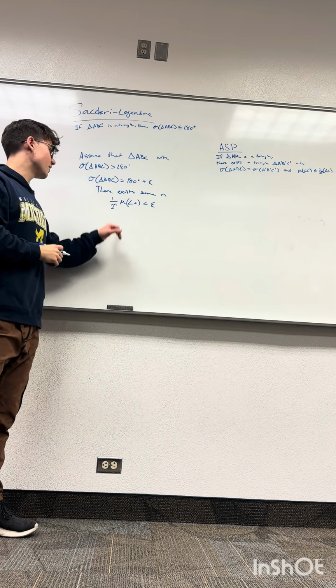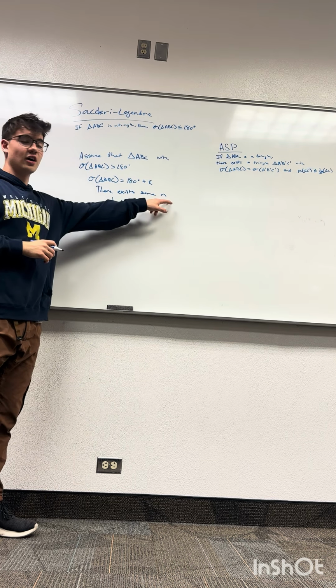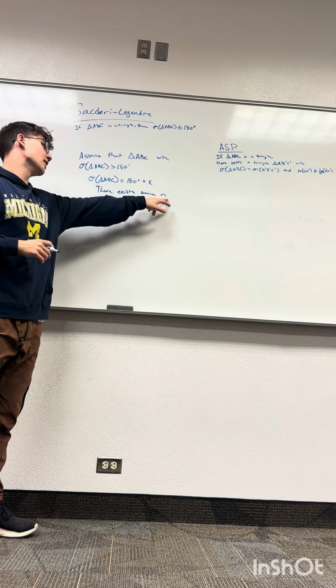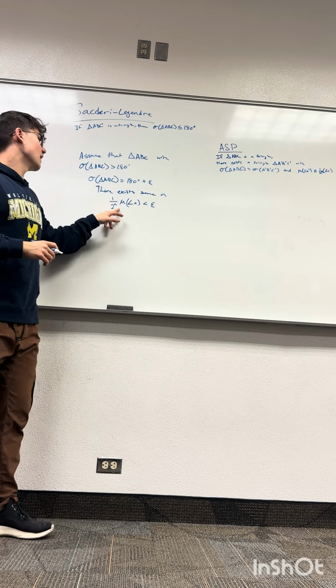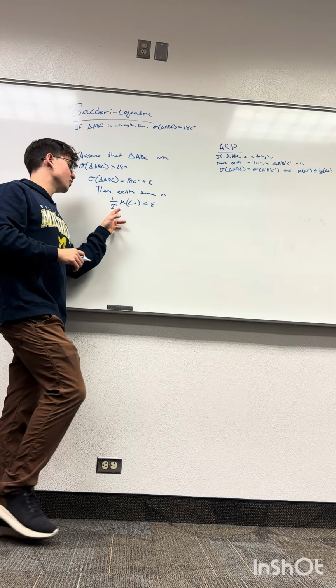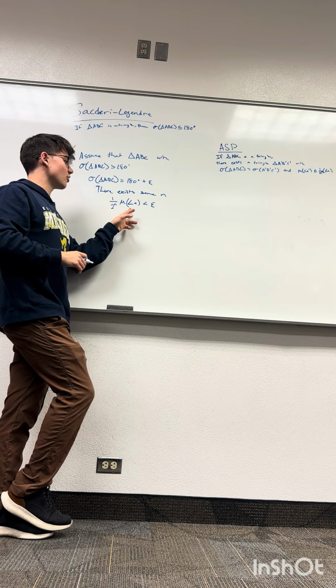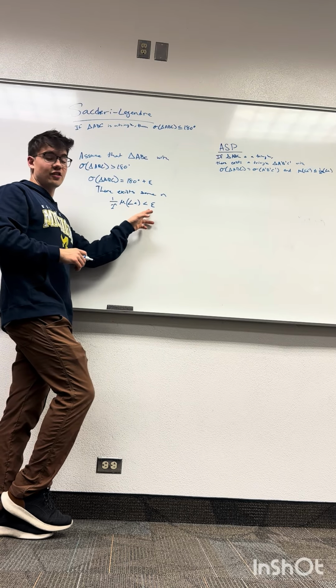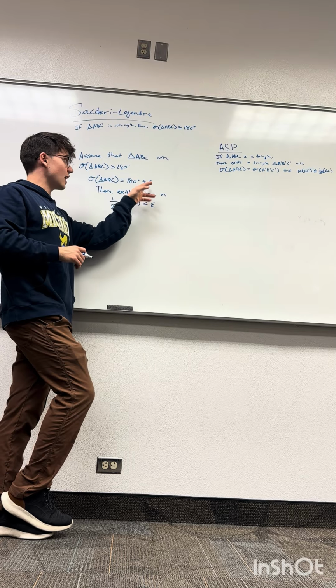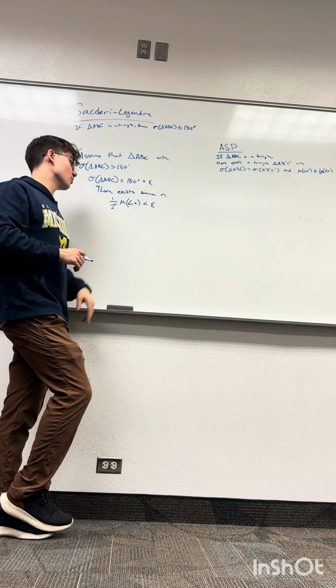So this is saying that there exists some natural number n, that if we multiply 1 over 2 to the n by angle measure A, then we're going to get some resulting angle measure that is less than the epsilon that we wrote up here.